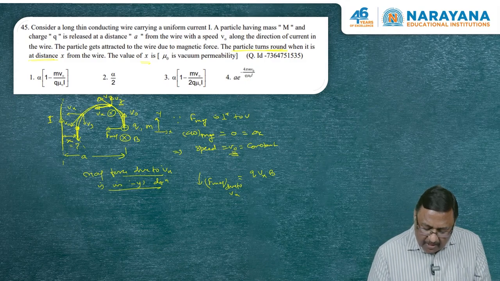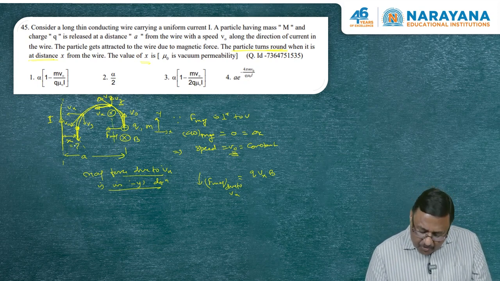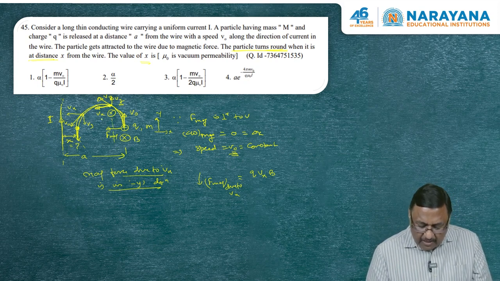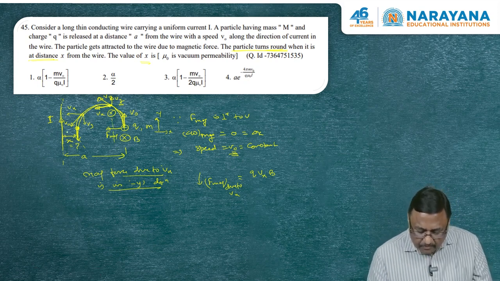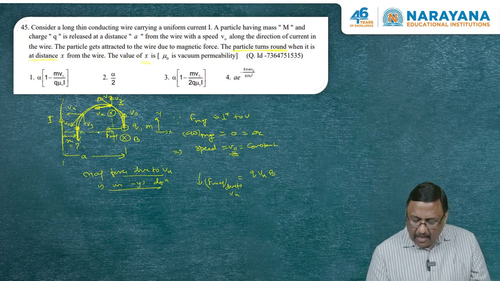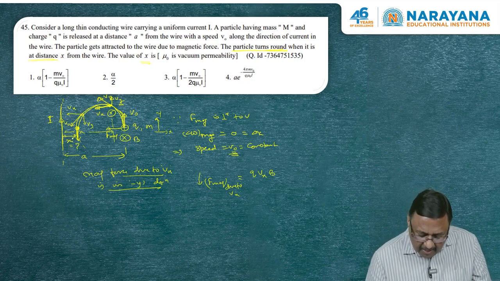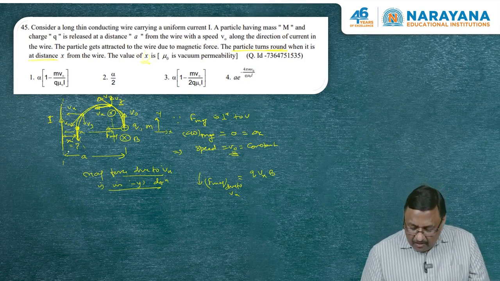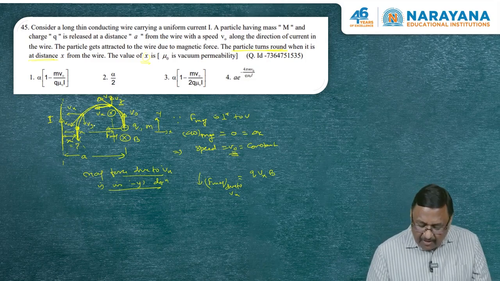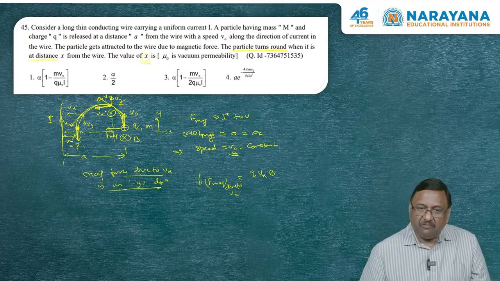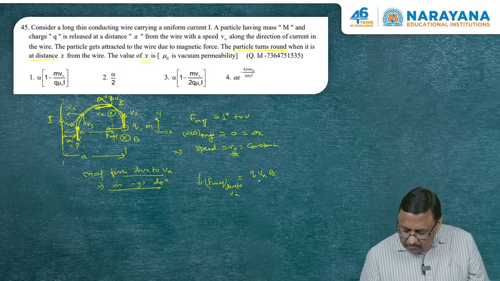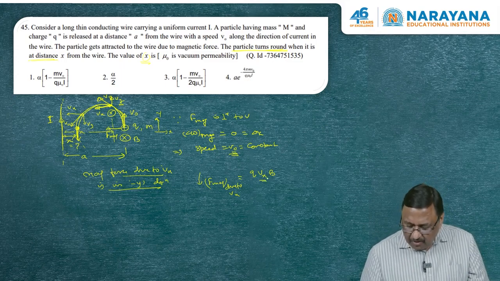So at this point, let me say for the time being, I just use the same notation. Take this to be x here. Here I am just changing my notation. I just change it to be x dash because what the question is saying is x, I will change it later on. So if my x is a variable factor, because B is a variable quantity, I will write F is QVB.